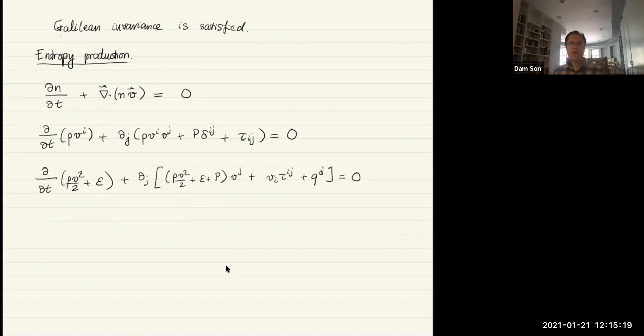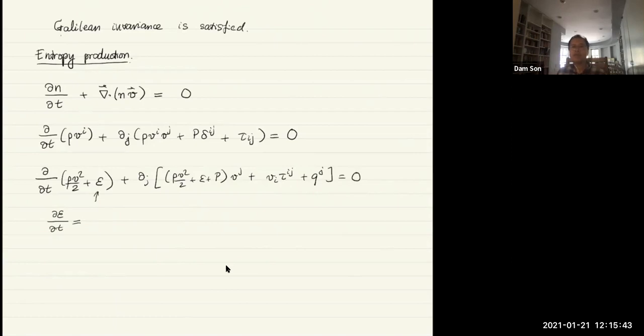And we try to find out from these equations how much entropy is produced in the system. The entropy production can be computed from this equation because of the presence of the derivative of energy with respect to time.